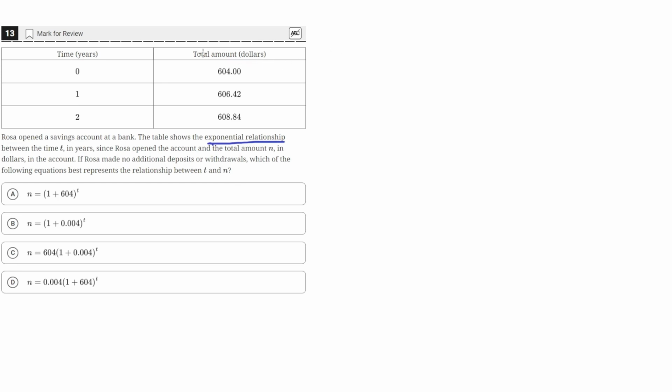So the question tells us that there's an exponential relationship between the time and the total amount of dollars. So our equation will look something like this, a normal exponential equation. So we can use the values in the table to eliminate incorrect answers and see which one is correct.